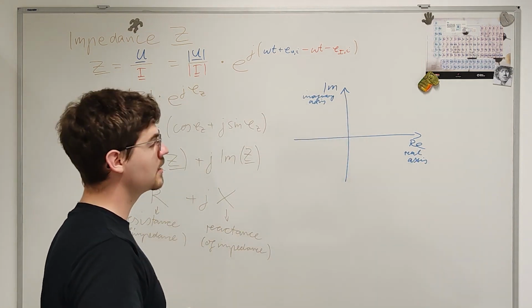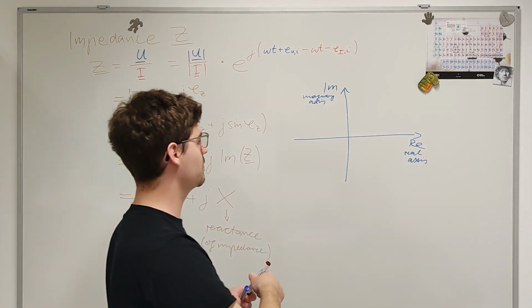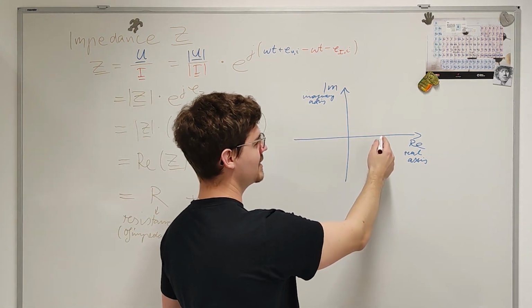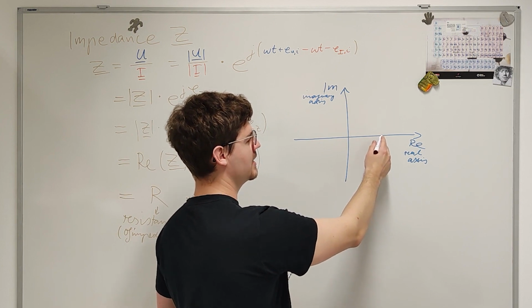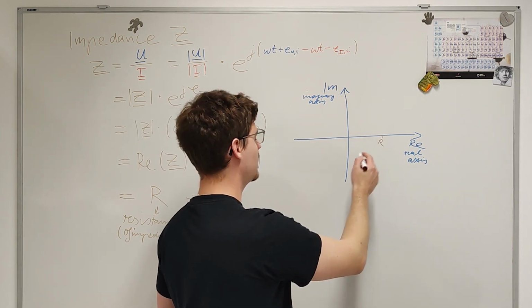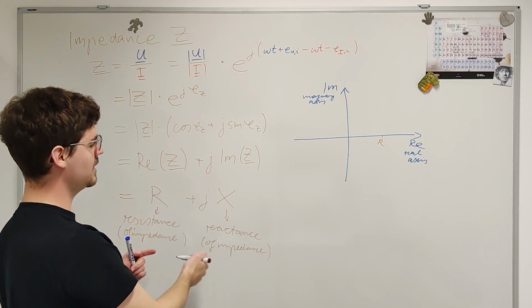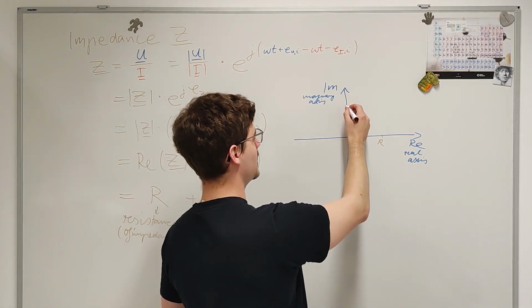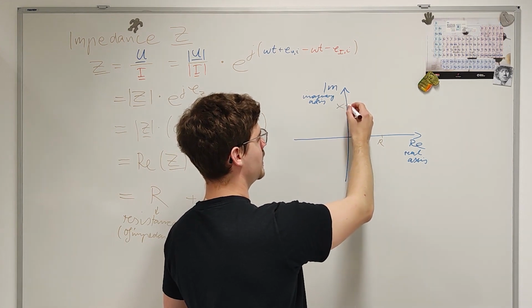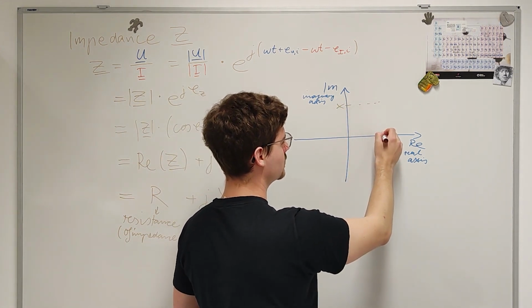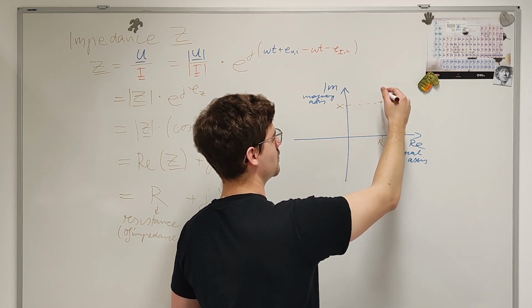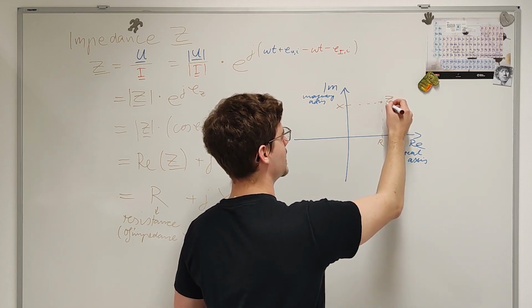This impedance is located somewhere in this complex plane, because it is now a complex number, and it is located where the real part is R. This is the real part, and where the imaginary part is the X. Let's make it here. And where these two intersect, our complex impedance is located.